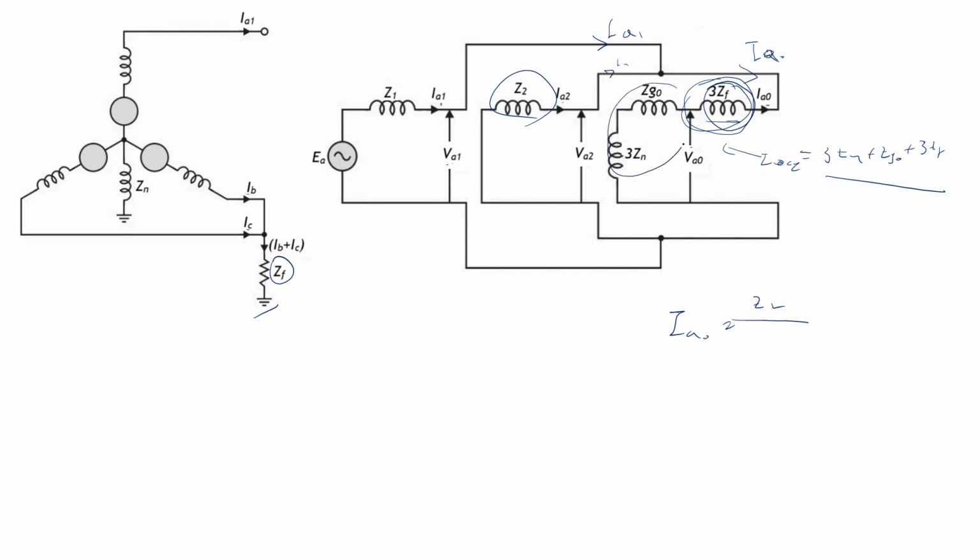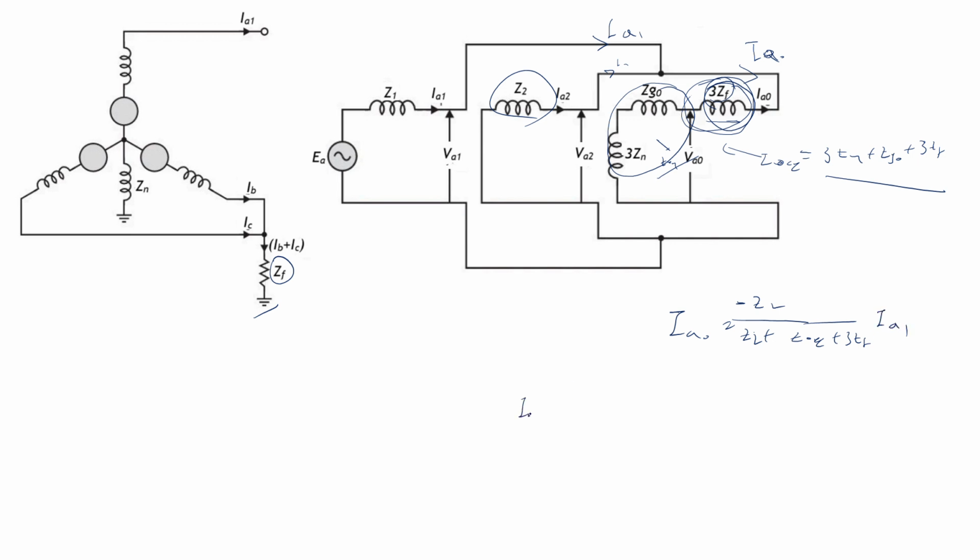We calculated up to Z0 equivalent. Now you need to add 3ZF for the fault impedance given. So this is Z2 plus the total impedance Z2 plus Z0 equivalent plus 3ZF. This is IA0. Actually here it is minus.